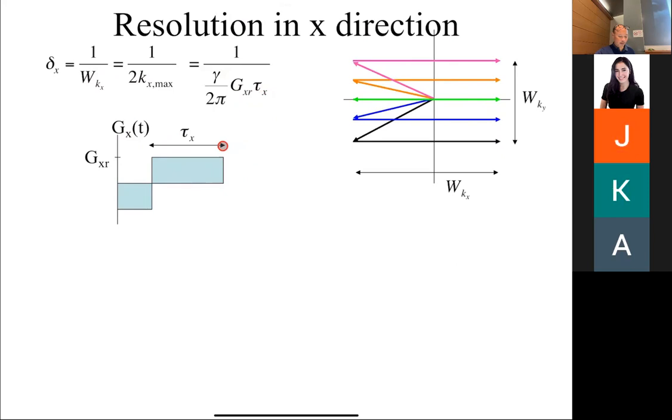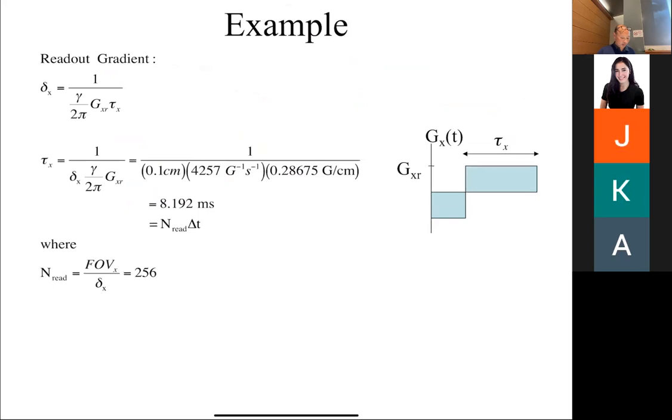So I know this area is going to give me my delta KX. I already solved for GXR, so now I can just solve for tau sub X. Delta X equals 1 over W KX, and that's equal to gamma over 2 pi times GXR times tau sub X, which is the full width.